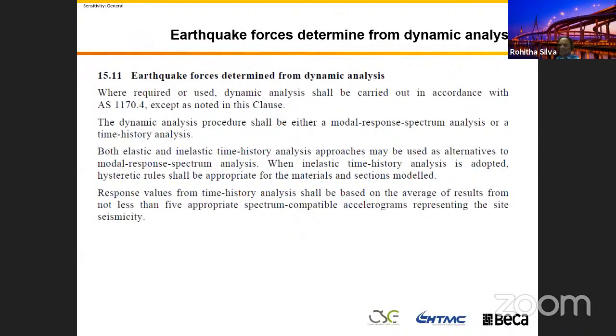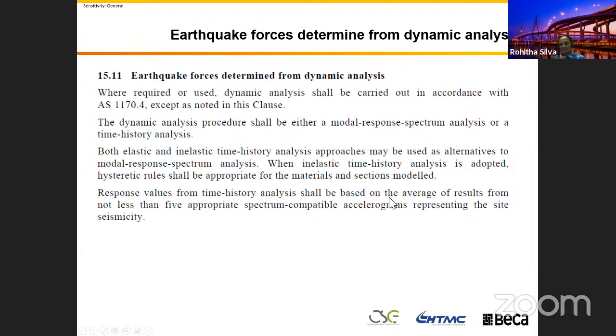Maybe I will put that in the resource folder, and you can go and download it. It gives you the hand calculations in detail. If you are interested, you can read through. You can get a better understanding and a better picture when you listen to Professor Penn's lecture as well. So this is what there is about earthquake design.